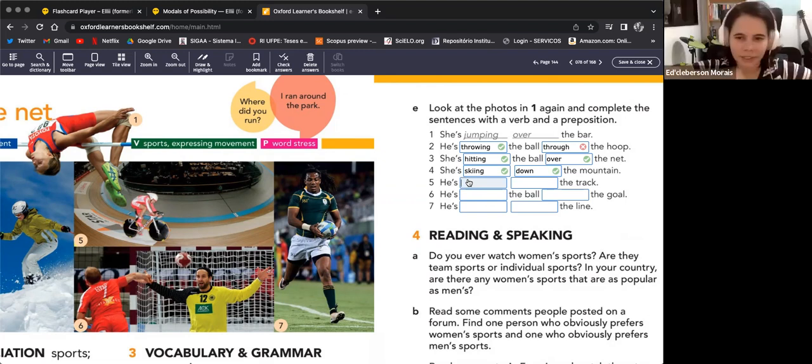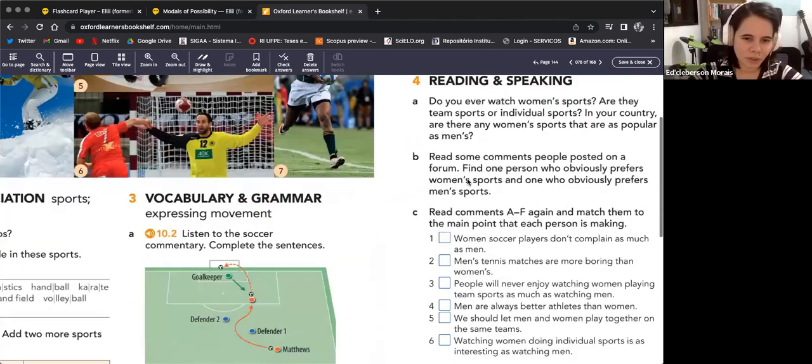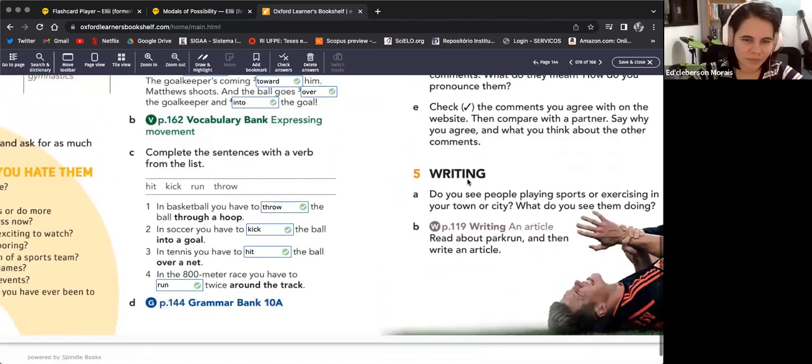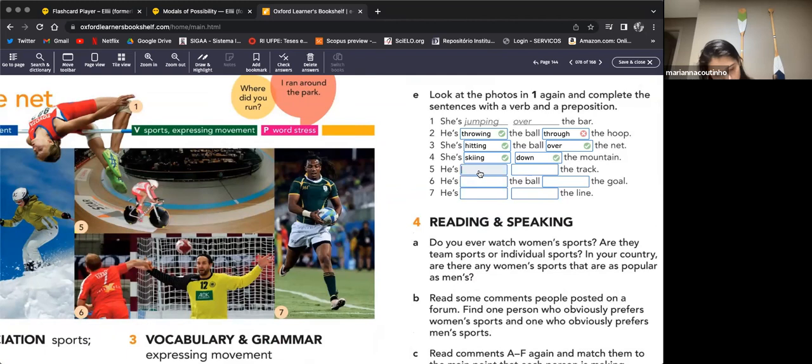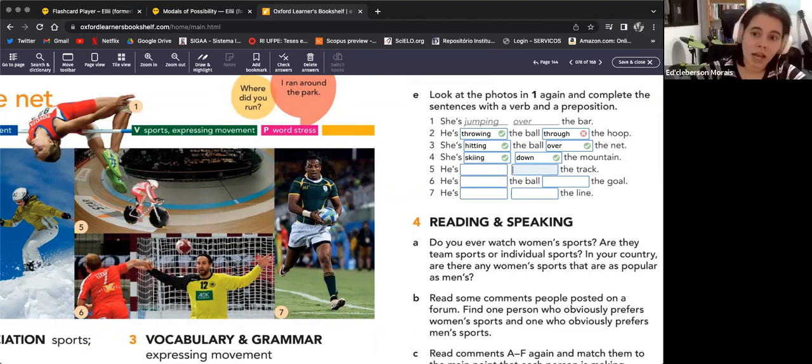De bicicleta. Do you remember? The verb. Around his. It is around. Around is the preposition. It is correct.